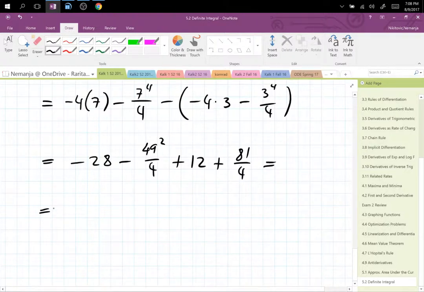So that's what we have. Now 28 minus 12 is negative 16, plus 81 over 4, and I still have minus now 49 squared.